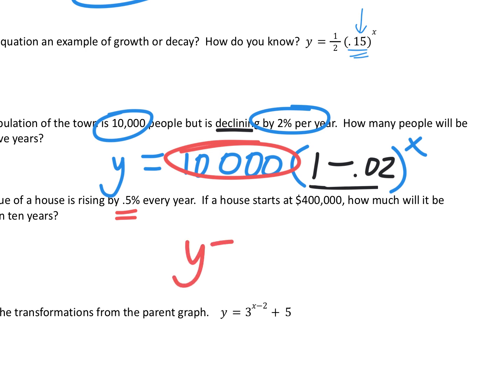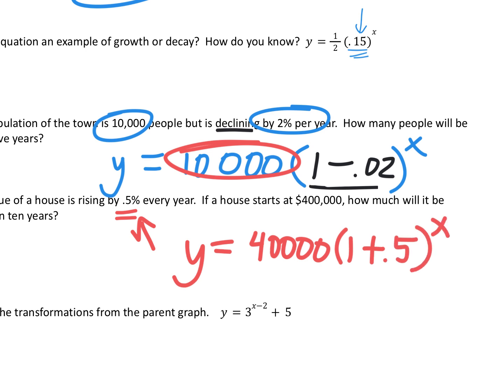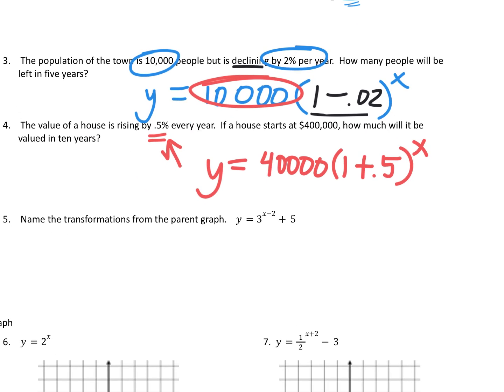I'm going to do it wrong on purpose here. 400,000 times, I want to rise by 0.5%. 1 plus 0.5. Okay, that was close, but no. That's going up 50%. So that was close to the right answer, but you better fix it. All right.